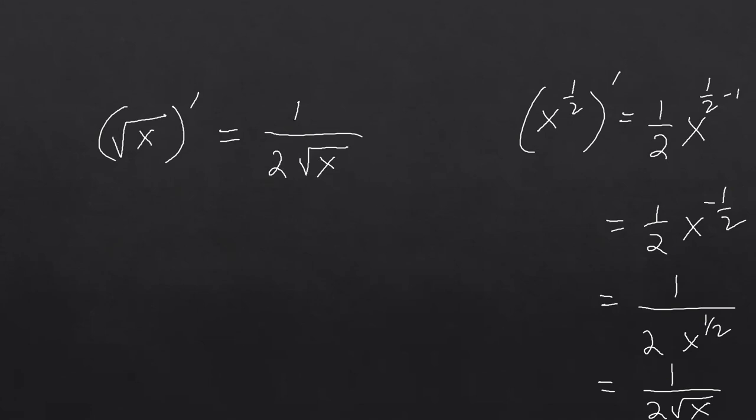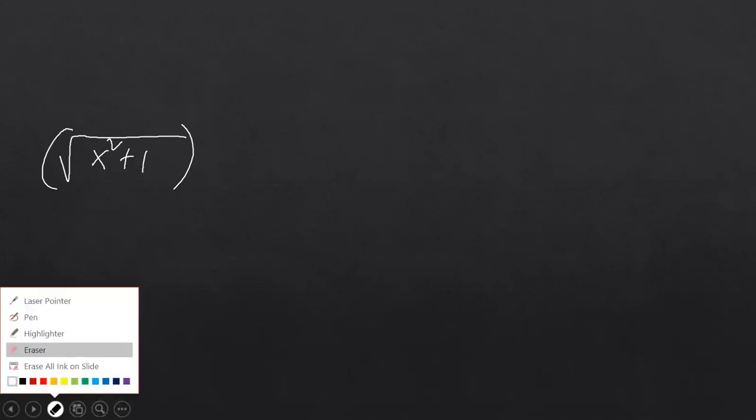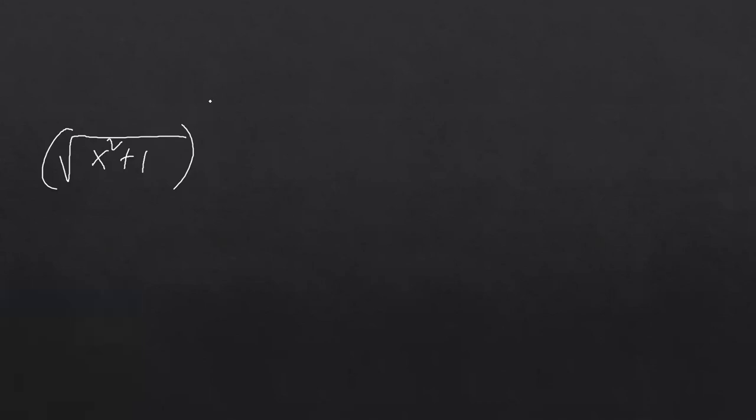Okay, let us have one more example. Say for example, we have the square root of x squared plus 1, and you are going to find the derivative of that. It will be 1 over 2, then the square root of x squared plus 1.